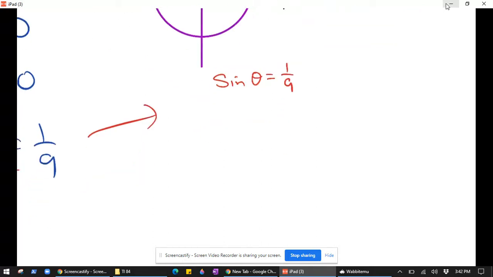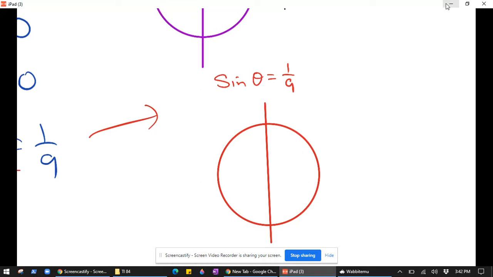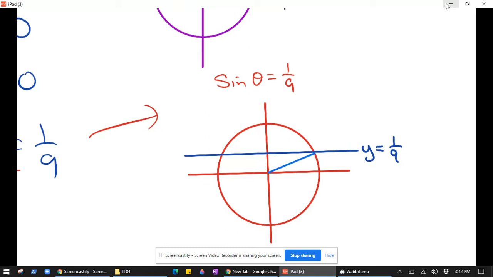Again, sine is the y-coordinate of a point on the unit circle. So I'm going to draw my unit circle. The y-coordinate equaling 1/9, this isn't to scale, but just so it gives me some room to write, I'm going to pretend that's the line y equals 1/9. The angle we want is this one here. That angle is going to be given to us when we do sine inverse.